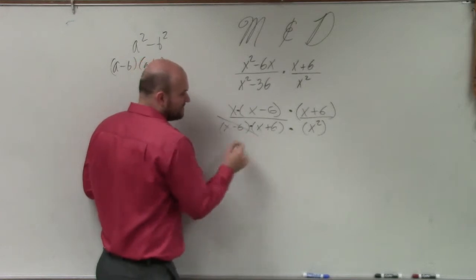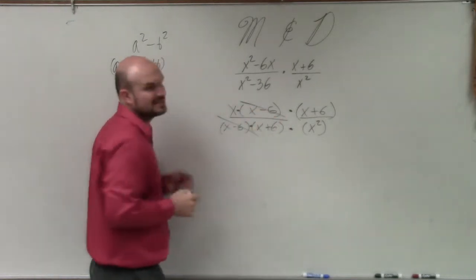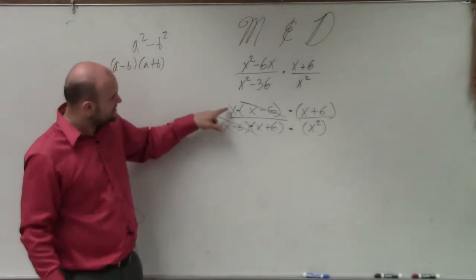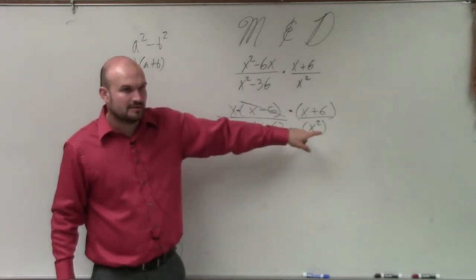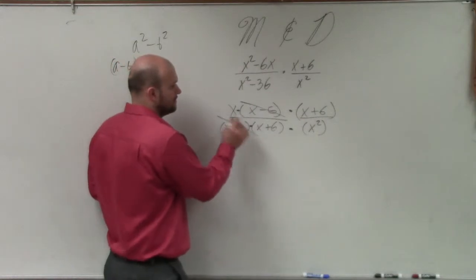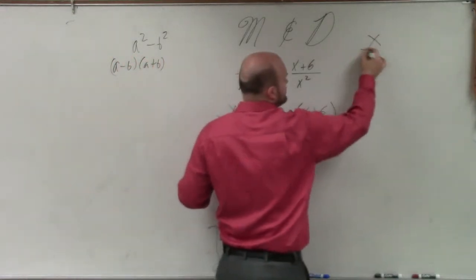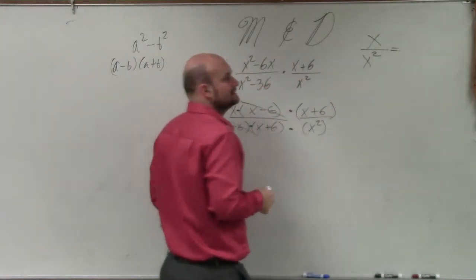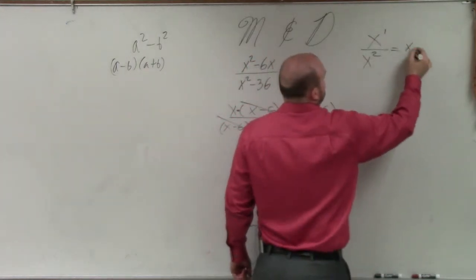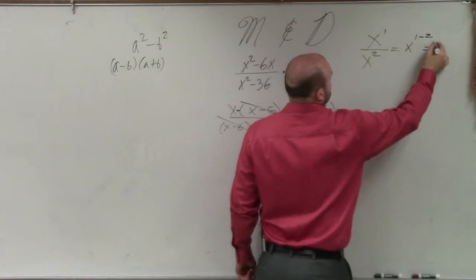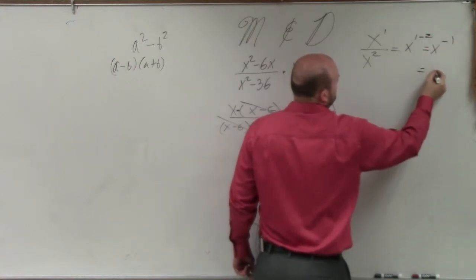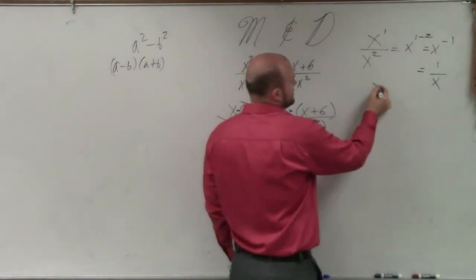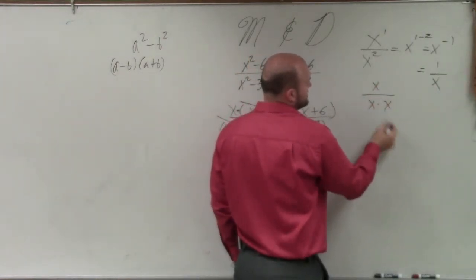So therefore, I can divide out the x minus 6 and the x minus 6, because those are going to divide to 1. I can apply the rules of exponents to x over x squared. How? Well, what's x over x squared? You could also look at it just like this: x over x squared, which is x times x.